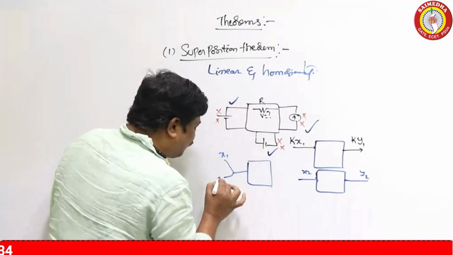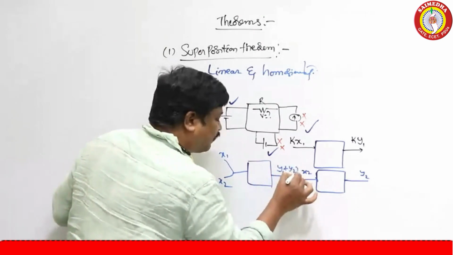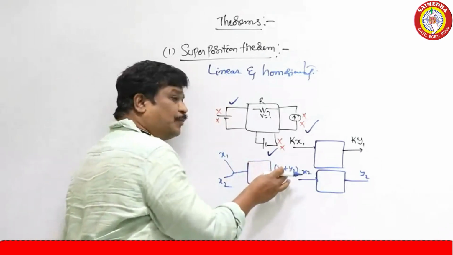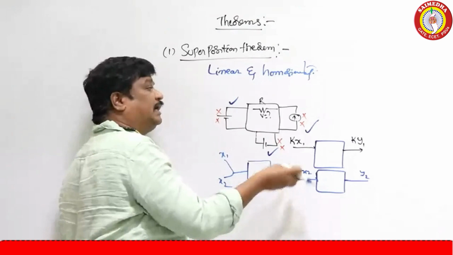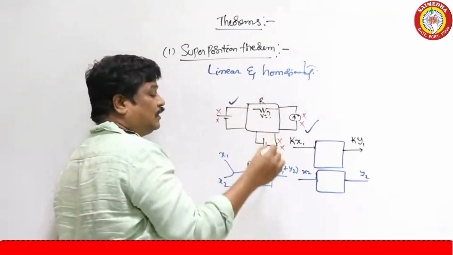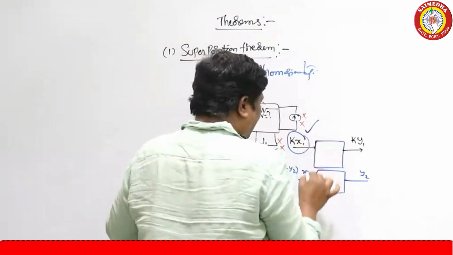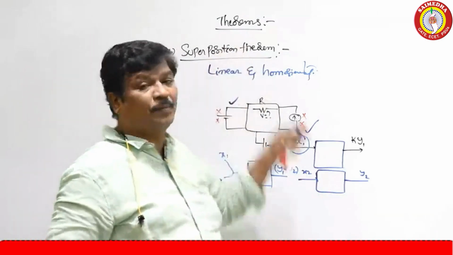If x1 and x2 are given together, and my response is y1 plus y2, then it satisfies the additive property. Once it satisfies the additive property, it satisfies homogeneity as well as linearity. So the superposition theorem must satisfy linearity as well as the additive property, and only then can we apply the superposition theorem.